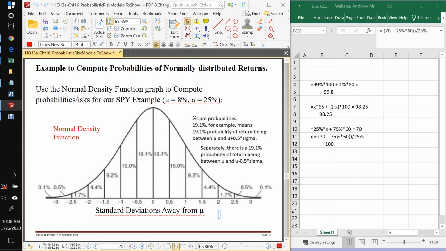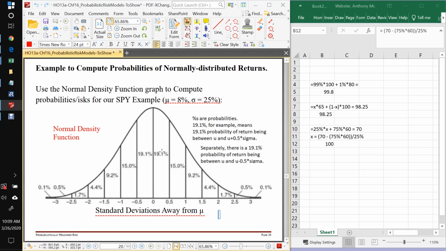So 19.1%, for example, means we have a 19.1% probability of our return being between mu, right here in the middle, and mu plus 0.5 times sigma. And separately, there's also a 19.1% probability of our return being between mu and mu minus 1/2 sigma. So we have two of these 19.1%.